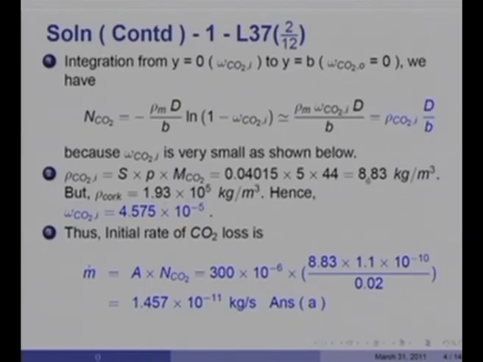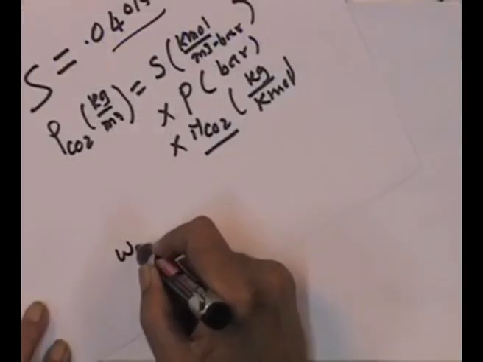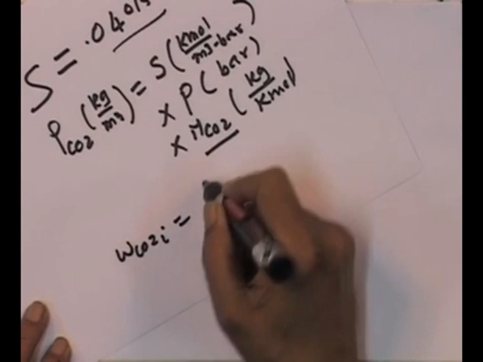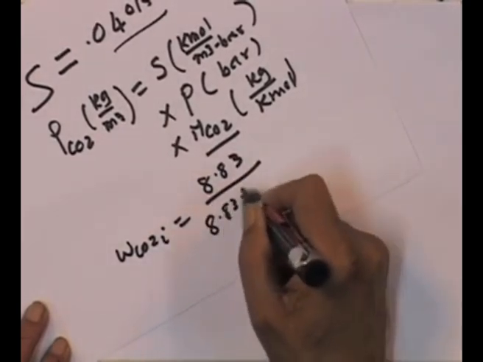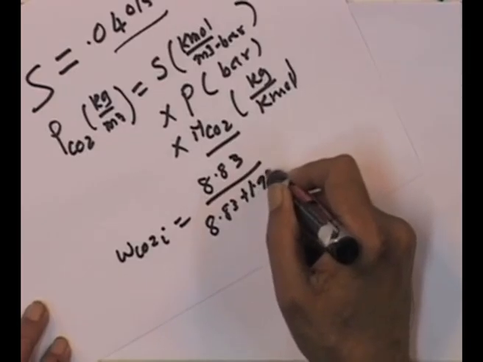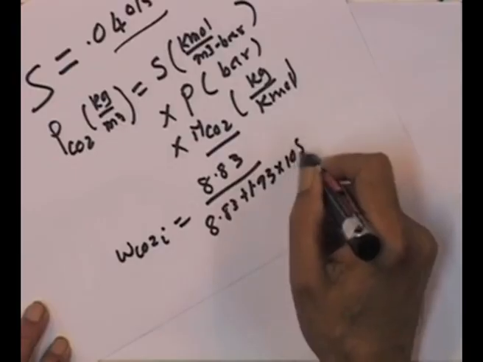So, essentially it will be 8.83 divided by a very large quantity plus 8.83. So, you get omega CO2 I equal to 8.83 divided by 8.83 plus 1.93 into 10 raised to 5.